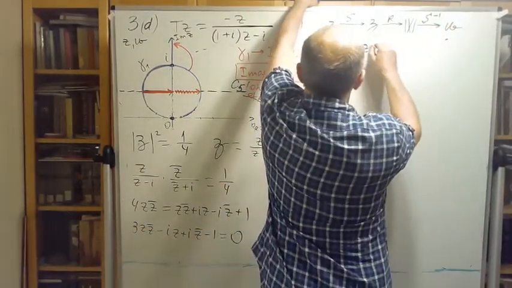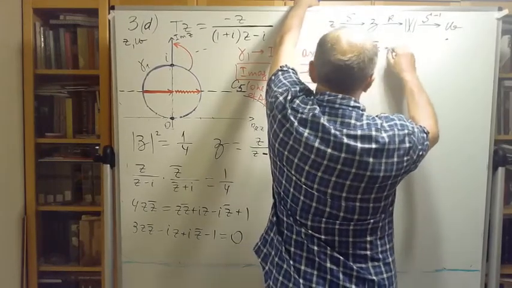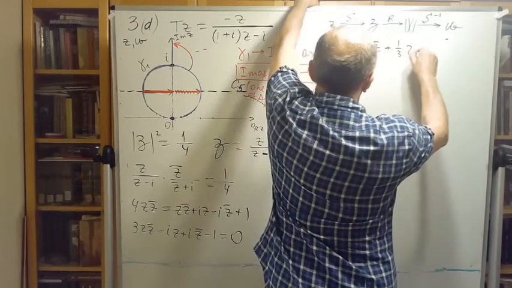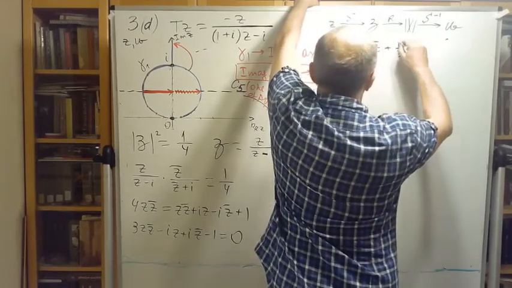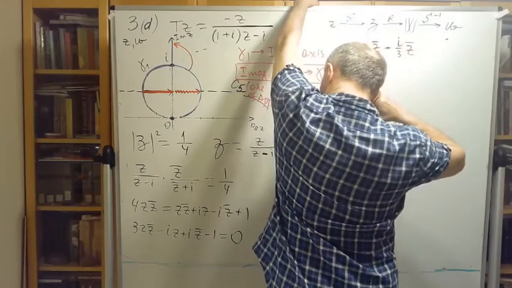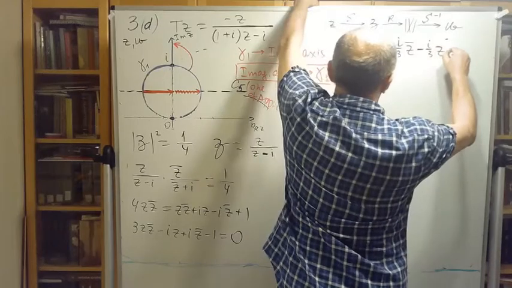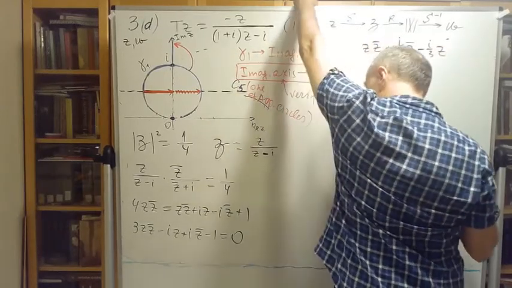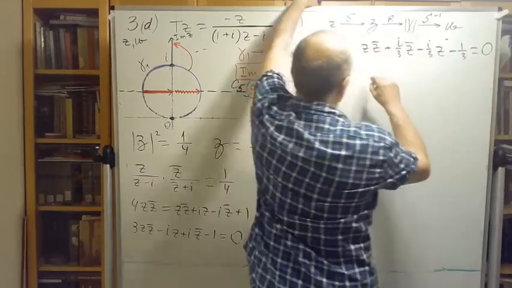So it will be z z conjugate plus I over 3 z conjugate minus I over 3 z minus 1/3 is equal to 0.